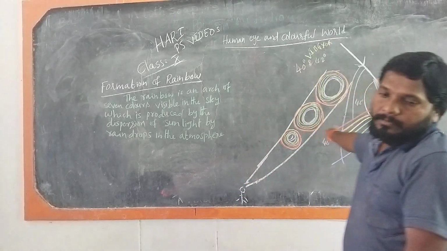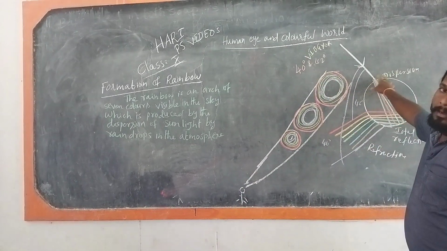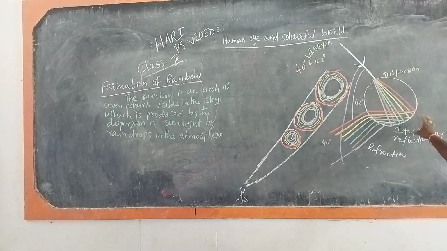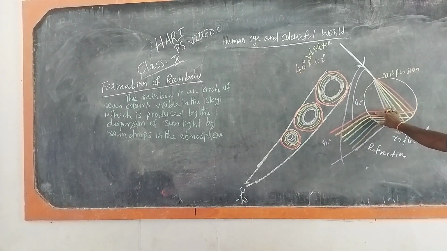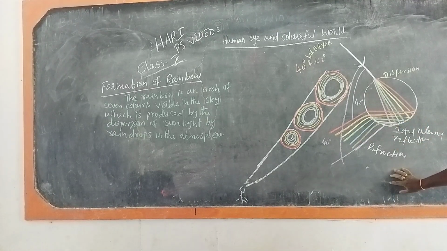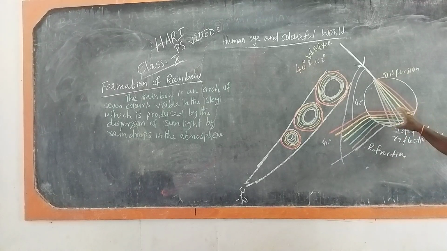The sunlight, the white light, is incident, then dispersion takes place, and total internal reflection takes place, and the light is again reflected to the atmosphere instead of directly coming out. Due to some critical angles, instead of refracting out, first they undergo total internal reflection and are then reflected back to the atmosphere.